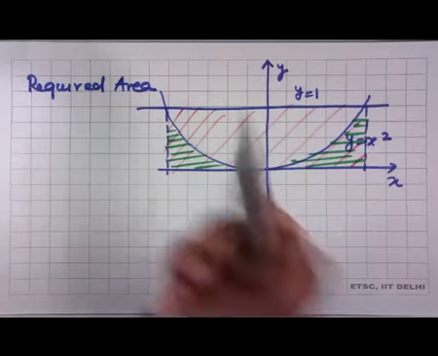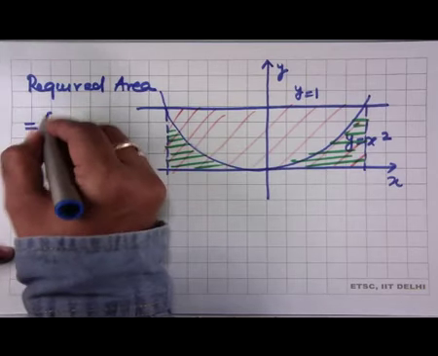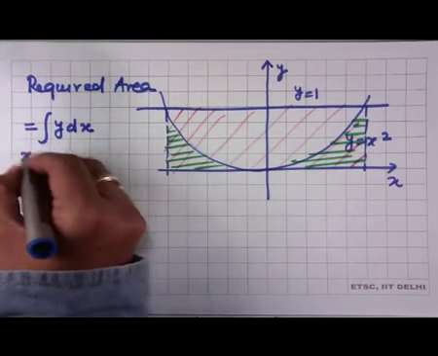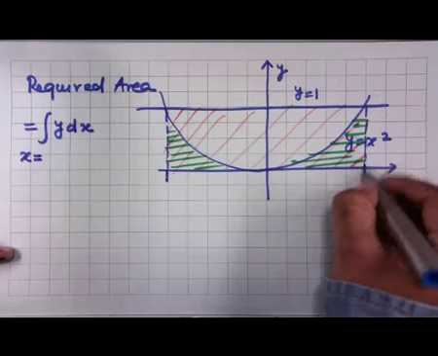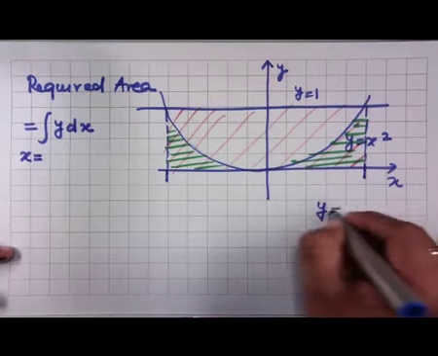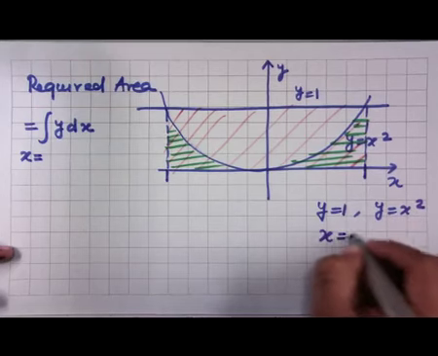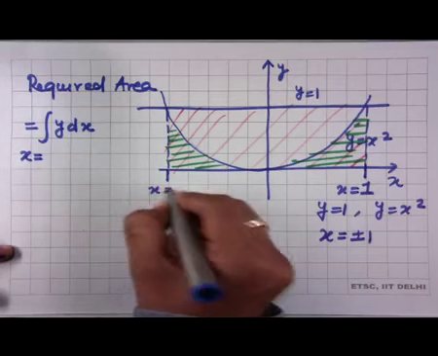So, the area shaded by red will be equal to y dx. X goes from, you have to find this value and this value. For that you have to solve y equals to 1 and y equals to x square. That will give you x equals to plus minus 1. So, this is x equals to 1 and this is x equals to minus 1.